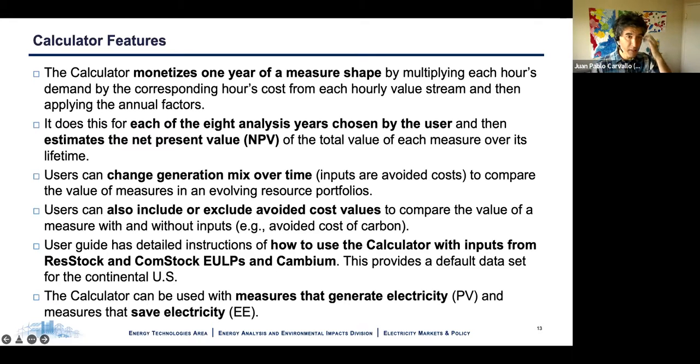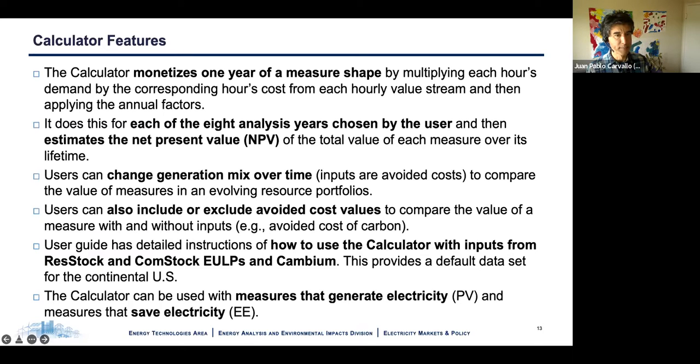This may mean that, for example, the deferral of distribution capacity cost may be changing over time for some reason. They may be getting more expensive or cheaper, or for example, you can reflect if the region you're analyzing is going to have generation mixes that will have very low marginal costs in the near future, you can reflect that on these hourly structures. So that allows you to really recognize the evolution of resource portfolios that will start happening in the next decade or so.